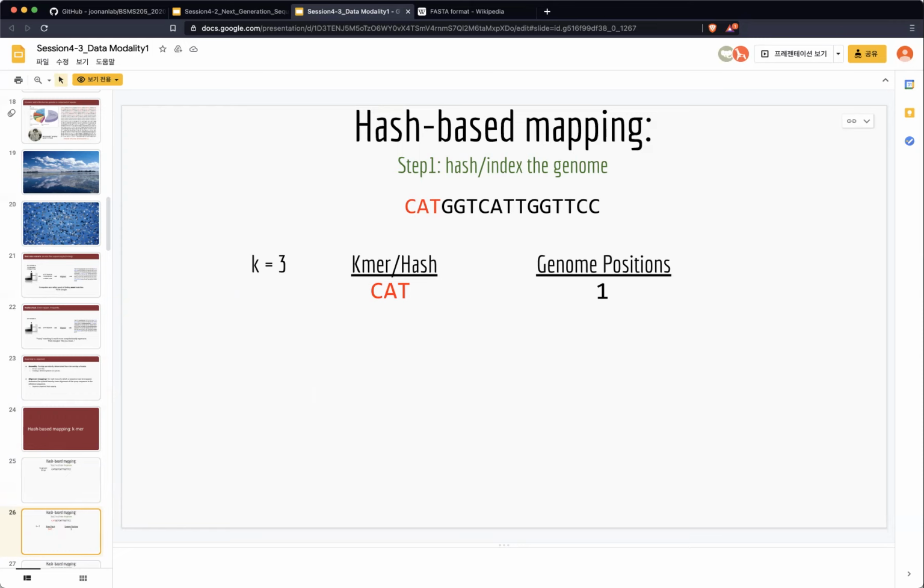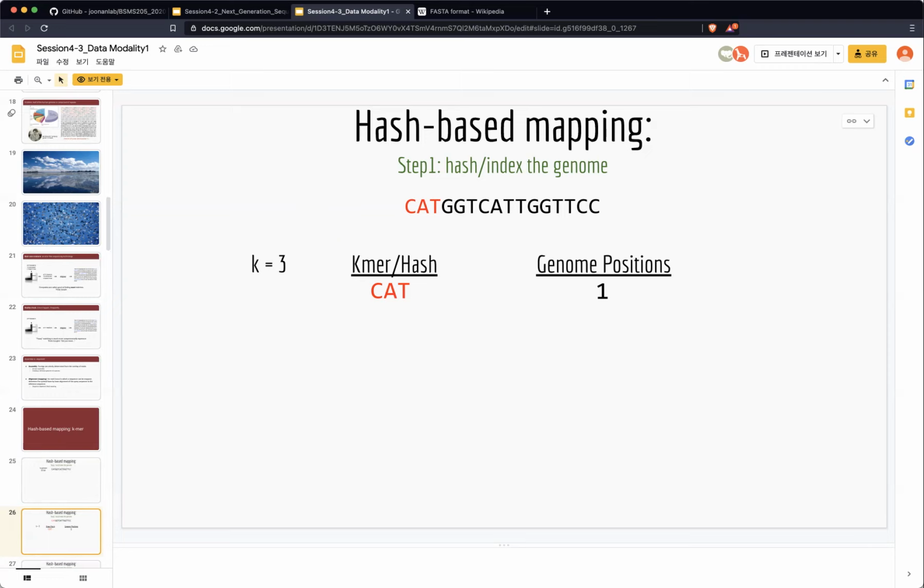You can build up the index. You can think of an index as a dictionary, right? You build up the list of items from the DNA sequence, thinking about all possible combinations of the DNA sequence.